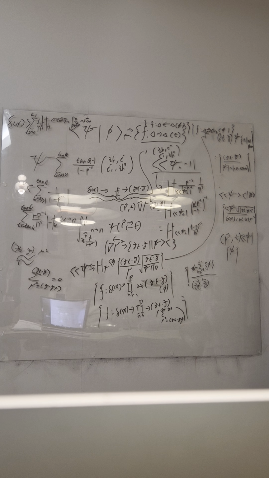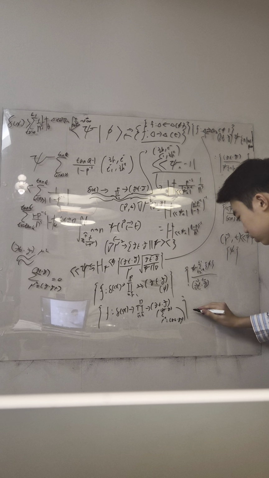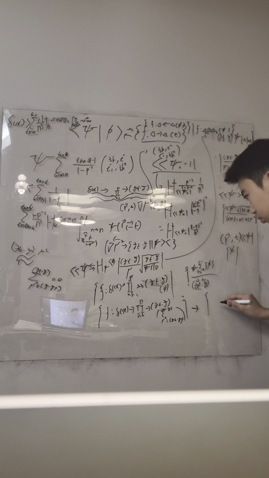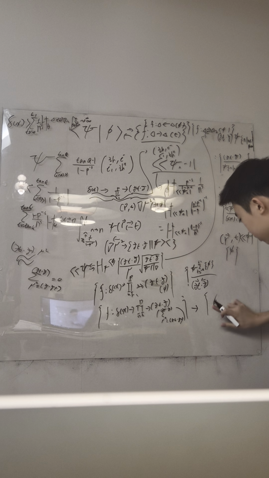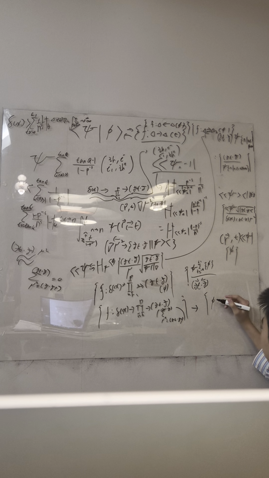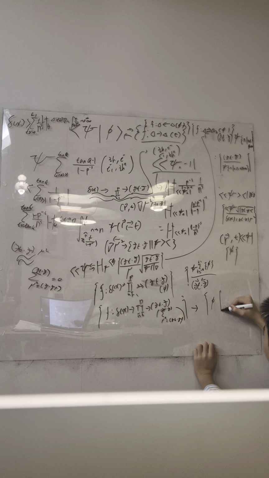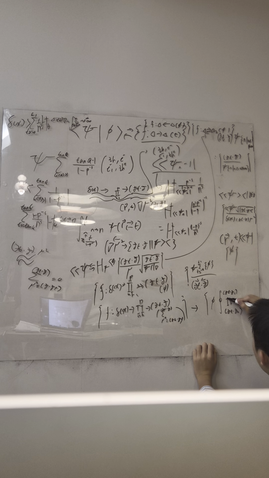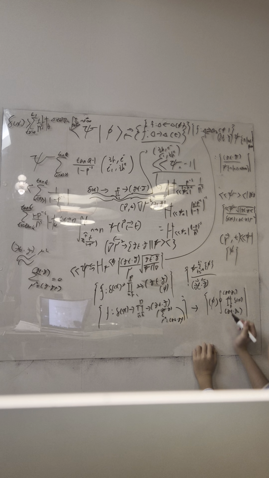So what we can promote this is, we can actually promote this to phi and the phi inside the calculus times d1 times d2 and ab times dx. This one.